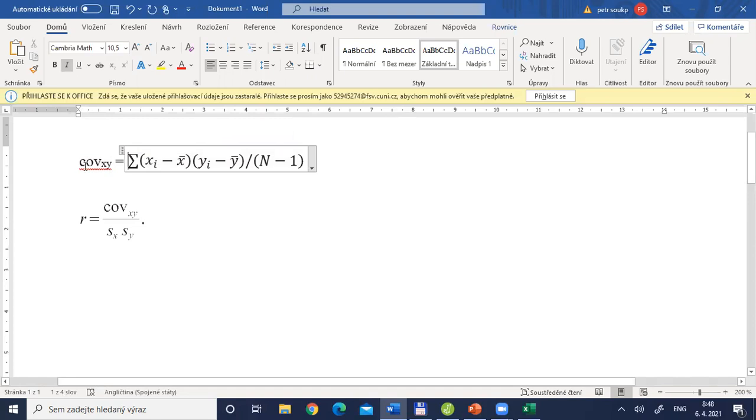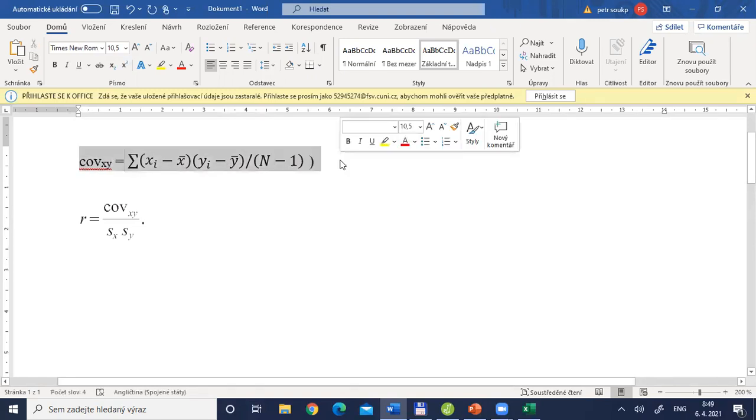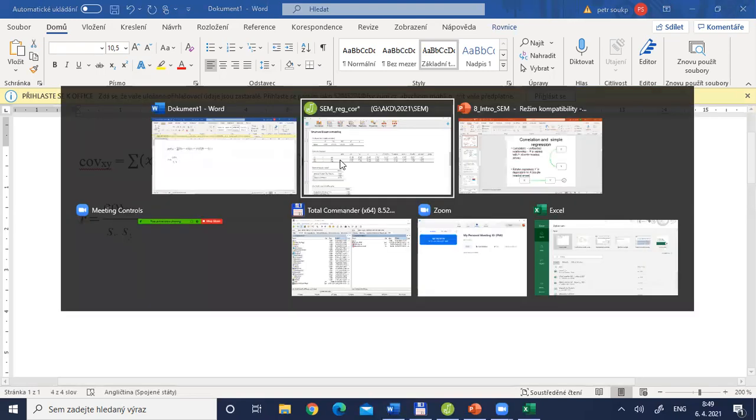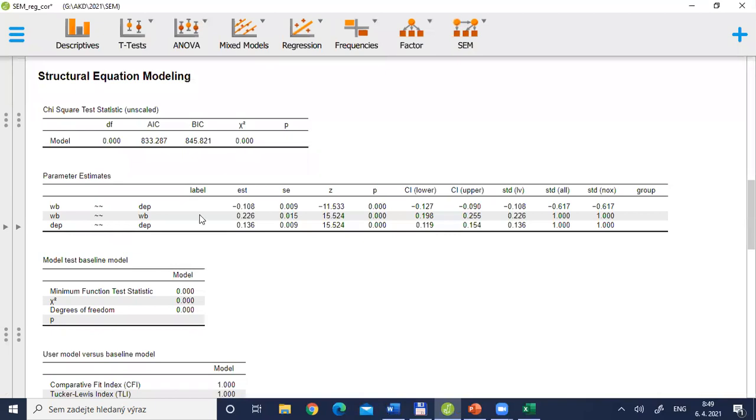And once again, values of covariance are from minus infinity till plus infinity. So I would call it in structural equation modeling, this covariance as unstandardized coefficient. If I go back here to my result, this covariance for my data, it means well-being and depression, is minus 0.108.